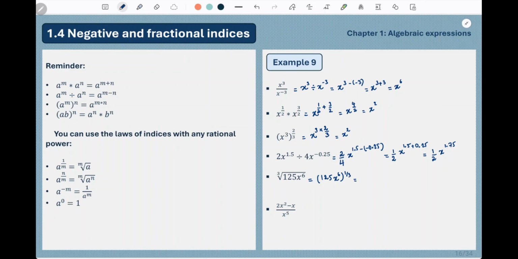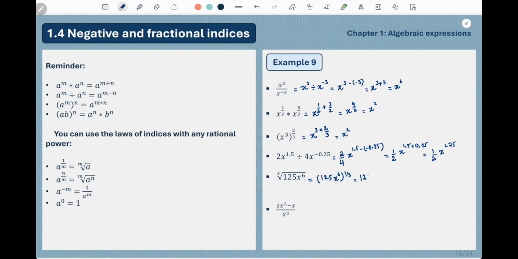So now we've just changed the form of it, we haven't done anything. I can see that this one matches the rule over here, okay? So the power is going to be distributed. My A here is 125 and my B is x to the power of 6.